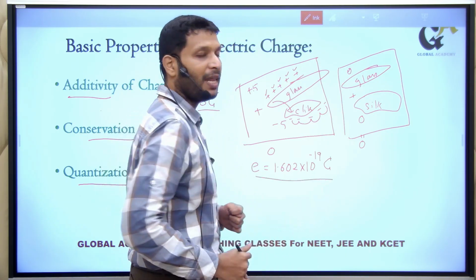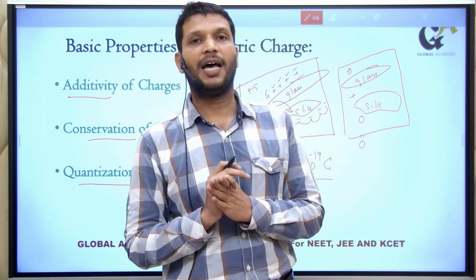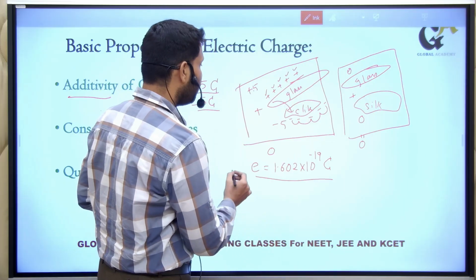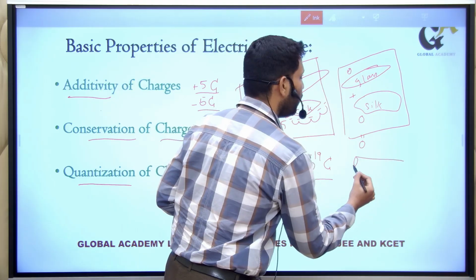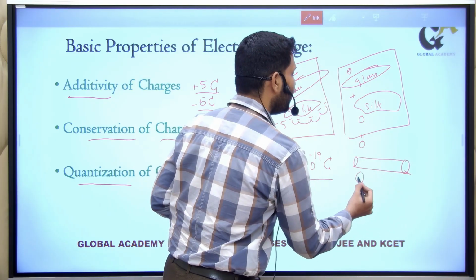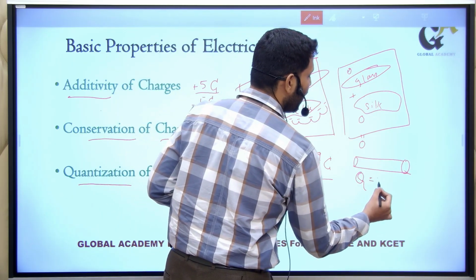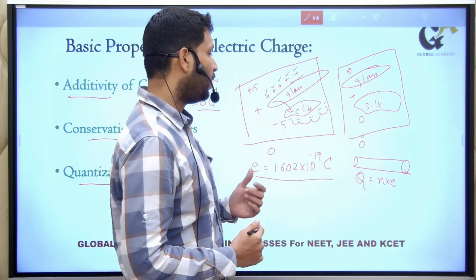When you consider the total charge of the body, it is always in multiples of this. So suppose the total charge of one rod is capital Q, it is always n times e. That is the quantization.